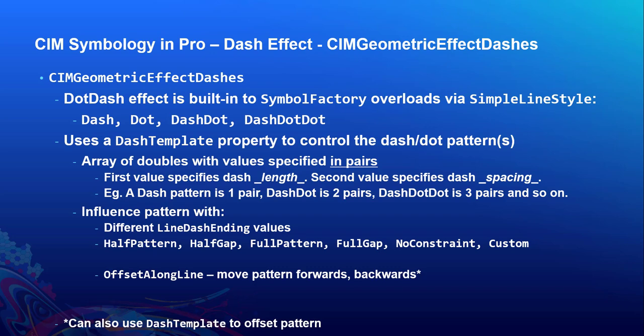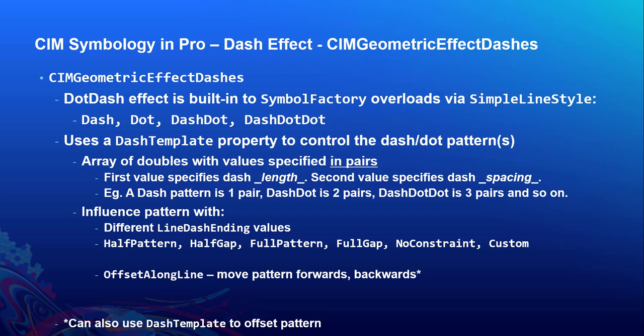So for a dash pattern or a dot pattern, you need 1 pair. 1 for the dash or dot, 1 for the dash or dot space. Dash dot pattern, for example, that will be 2 pairs. 1 pair for the dash and the dash space, 1 pair for the dot and the dot space. Dash dot dot would be 3 pairs. The dash, dash space, dot, dot space, and the second dot, dot space, and so on.